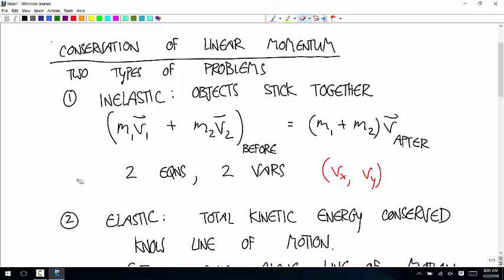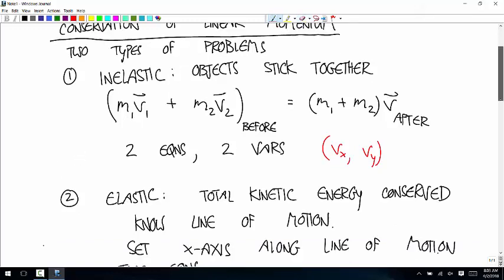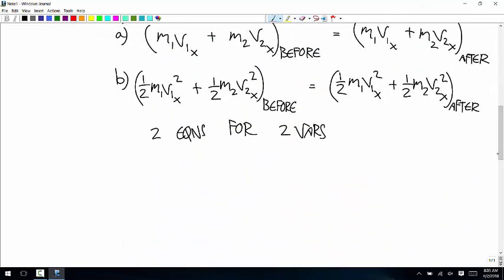For the elastic collisions, we're assuming that everything takes place in a line, so the way I have it set up here, there's no y component to the velocities after. And our two variables then are v1x and v2x after the collision.